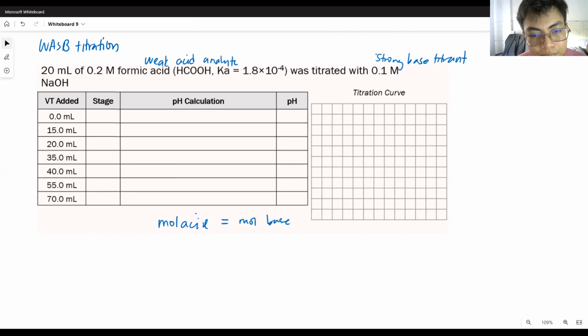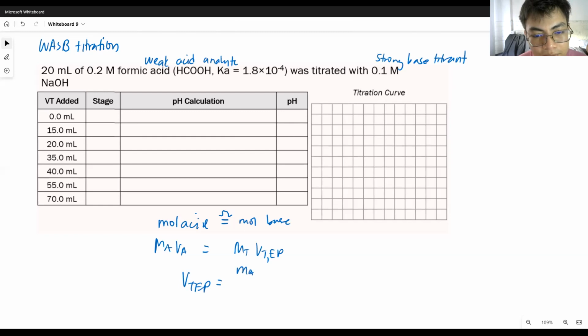So equivalent yan. So mole of the acid, so that's your formic acid. So MAVA equals the mole of the base. So MTVT at endpoint. I'll call that VTEP, volume titrant at endpoint. So the stoichiometry is 1-to-1, monoprotic naman to. So let's solve for the VTEP na. Volume of titrant at the endpoint.